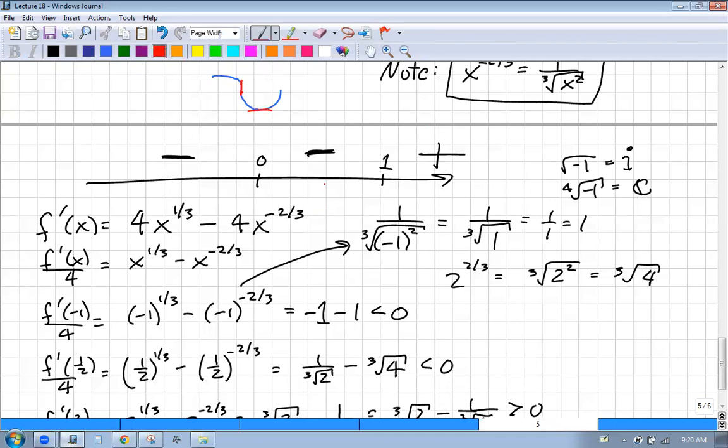So this is not going to be a local min or a max. I'll put NA for not available. And then right here, this would be a minimum, because it's decreasing and then 0 and then increasing, okay?